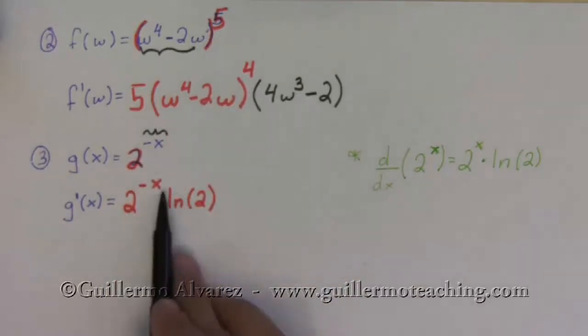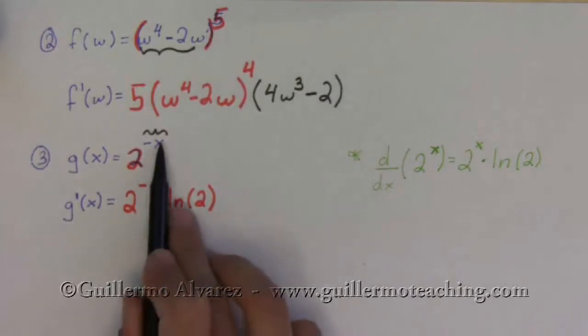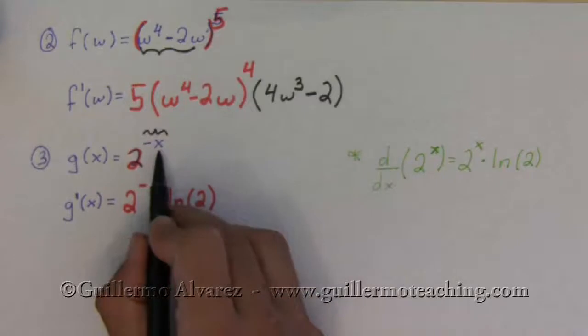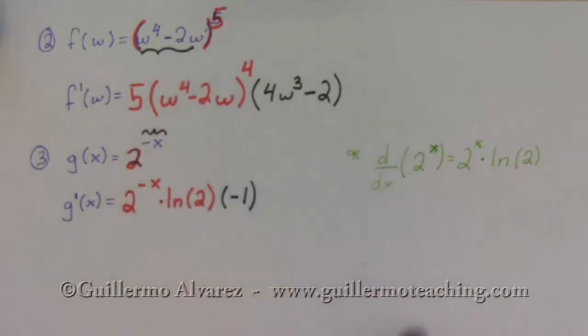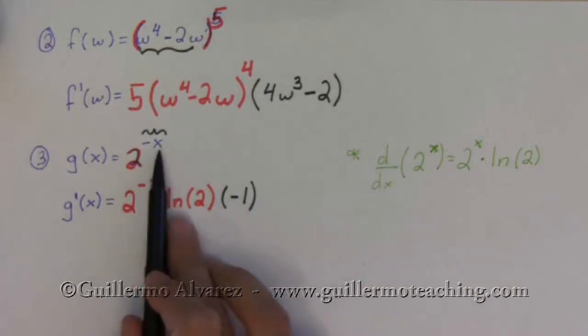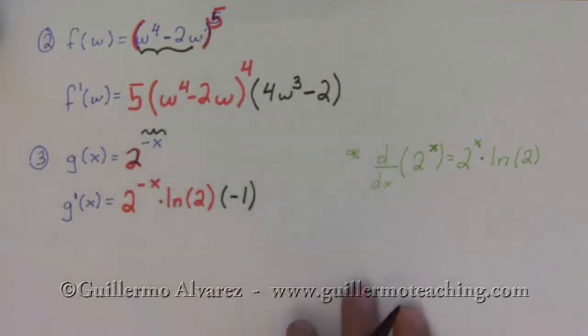Now that's the derivative of that, but then we have to go inside and get the derivative of the inside, which is negative x, so the derivative of negative x is negative 1. And you would do this if this negative x would have been anything else as well. And we'll do some harder examples with this type of function in a little bit.